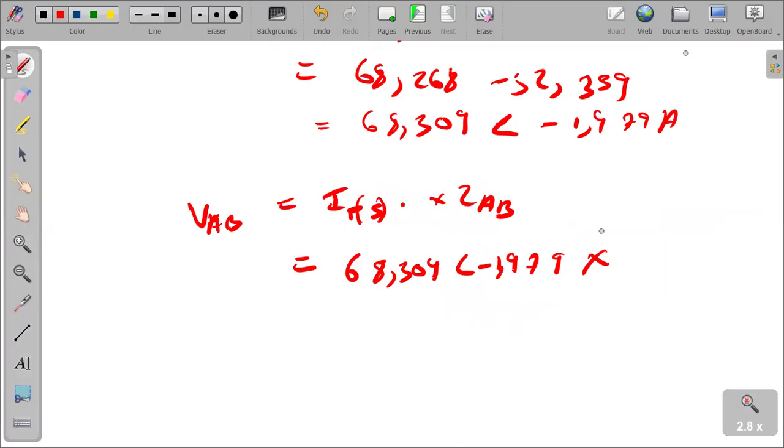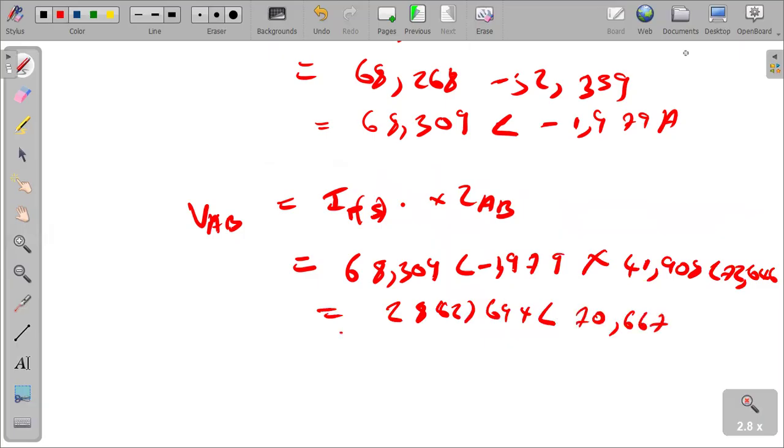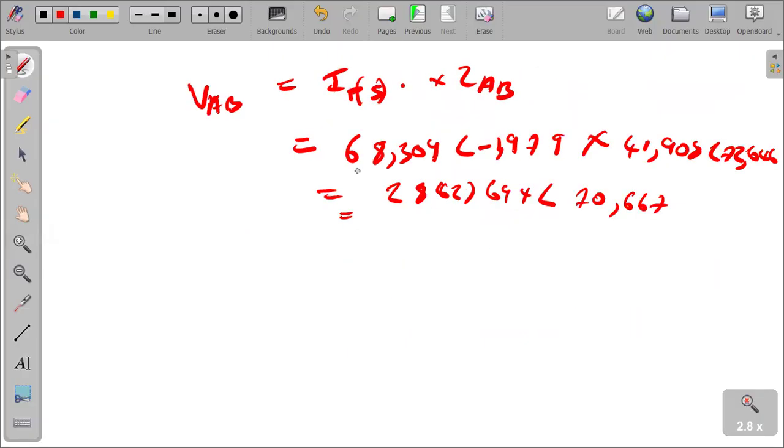They are actually equal. So we multiply by 41.908 angle of 72.646, which is equal to 2,862.694 angle of 70.667. And that in rectangular is going to be 947.718 plus J2701.268.